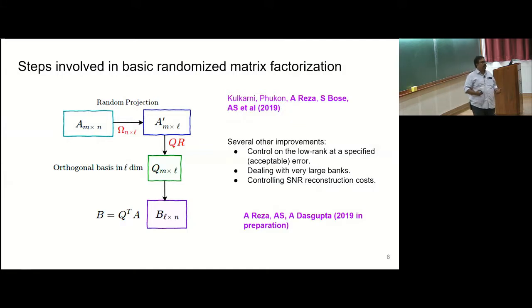We are more worried about having a control on the absolute error that we make when we are doing this operation. So it's basically asking the question in a reverse way. Able to deal with various banks, and I'll show you that we are also able to do the SNR reconstruction costs to some extent. So this is some work that is going on.